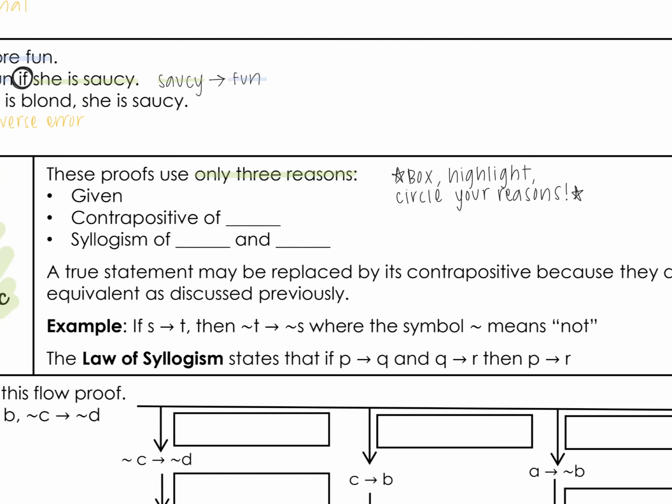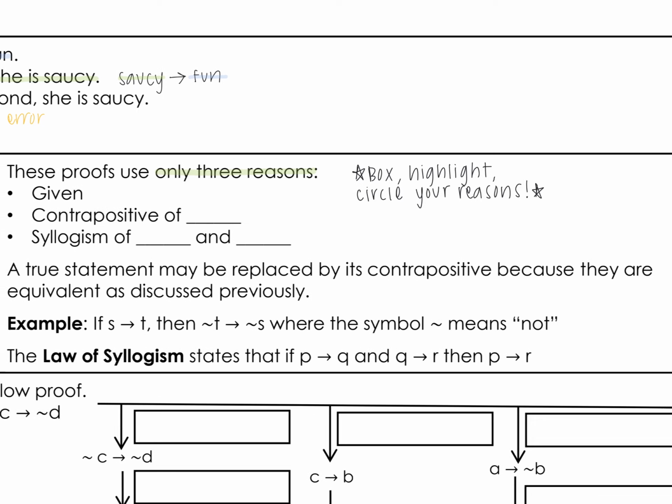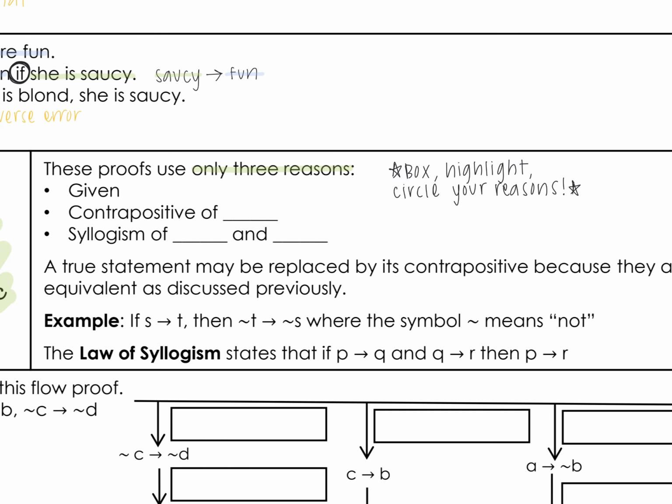All right, so just some quick things before we start working through that first proof. A true statement may be replaced by its contrapositive because they are equivalent as discussed previously. So just throwing out some highlighting.